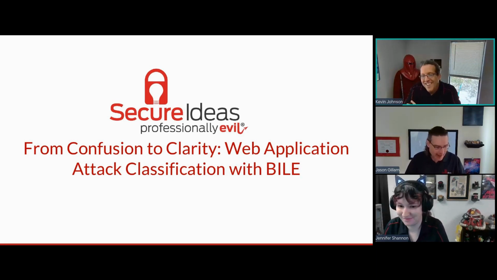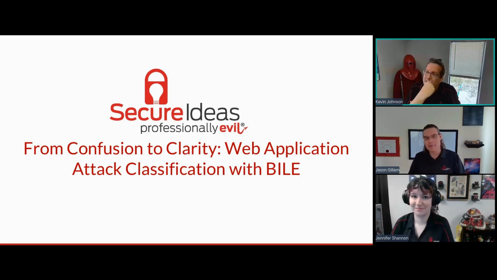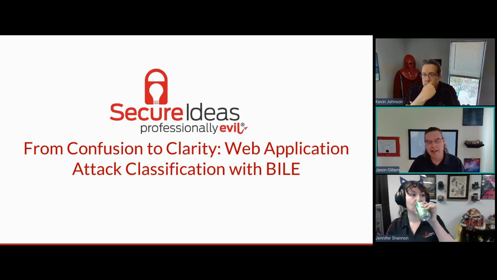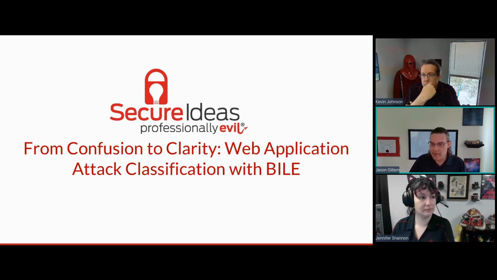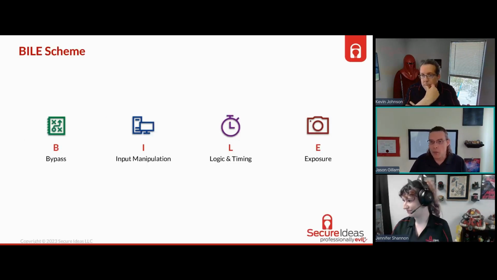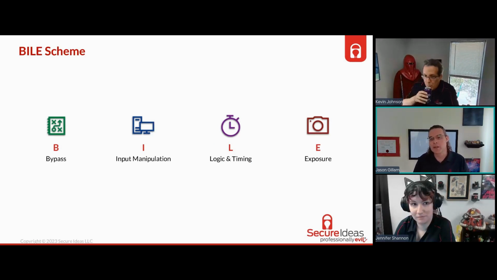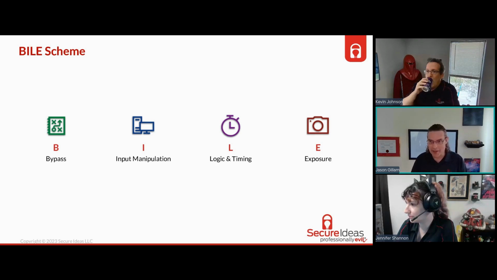Okay, so I think of this as a classification scheme more than anything else. You might call it a model or a framework, but it's a higher level classification scheme. I'm going to move on to the next slide because it breaks down what each part means. We don't have a whole lot of slides, by the way. There's like 4, including the title slide, so this isn't a slide heavy presentation.